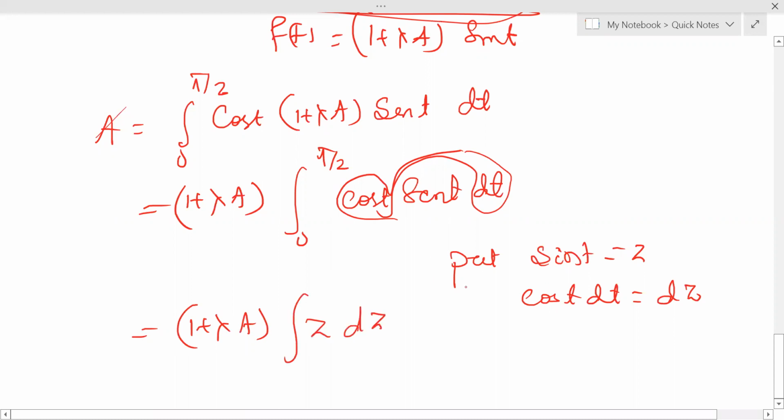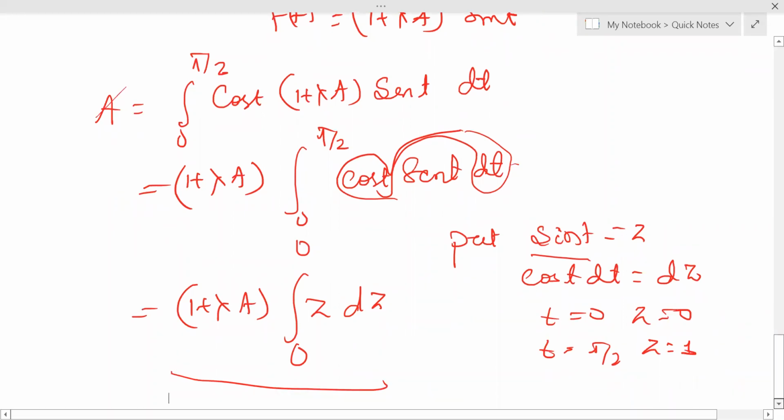The limits also change: sin t = z, when t is 0 then z is also 0. Check this, sir: put t = 0 and z is 0; when t = π/2, z becomes 1. So the limits are 0 to 1 for this function.